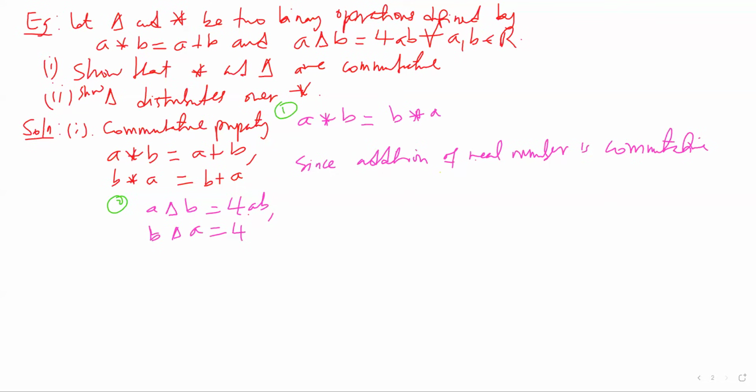Or, what we can do in an easy way is A delta B is 4AB, but it's multiplication, so you can write it is equal to 4BA. And this is the same as B delta A. So by just a change of positions, we are able to show that, and you can draw your conclusion that this operation delta is commutative.